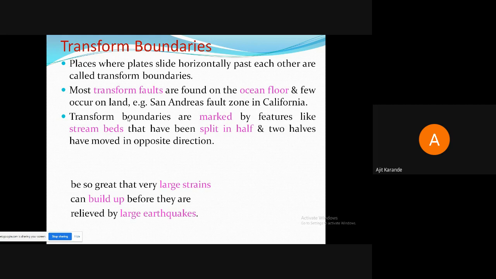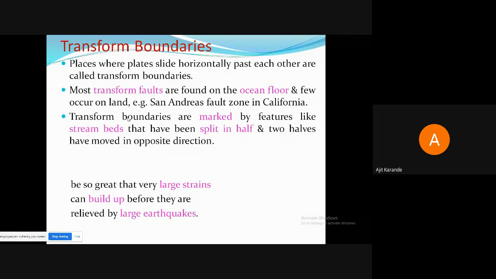And that's why it is called the transform boundaries. Most transform faults are found on the ocean floors and few occur on the land. For example, the San Andreas fault zone in California is one example of a transform fault.